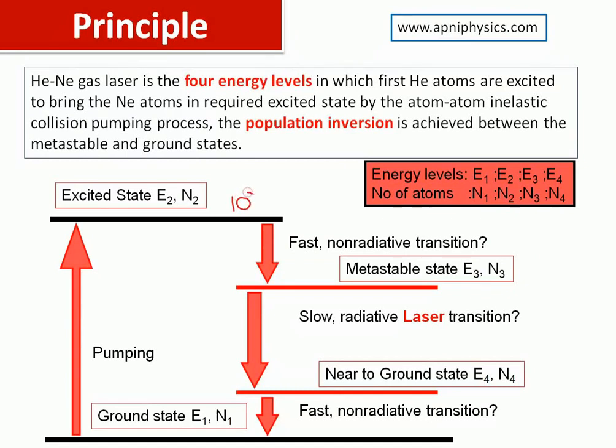Here you know that this is the excited state, and the lifetime of the excited state is about 10 raised to the power minus 8 seconds. And the lifetime for the metastable state is about 10 raised to the power minus 3 seconds.